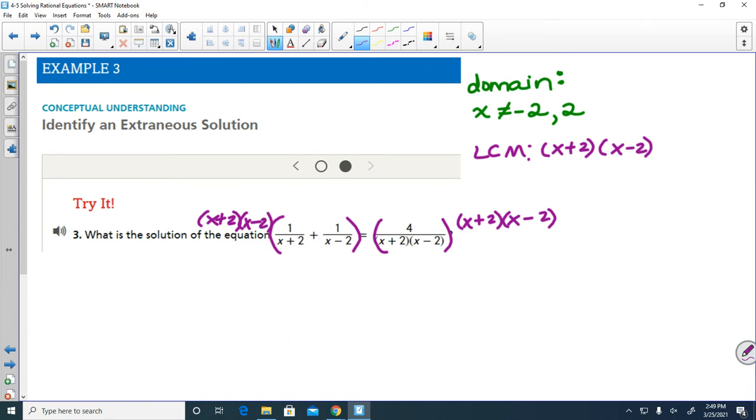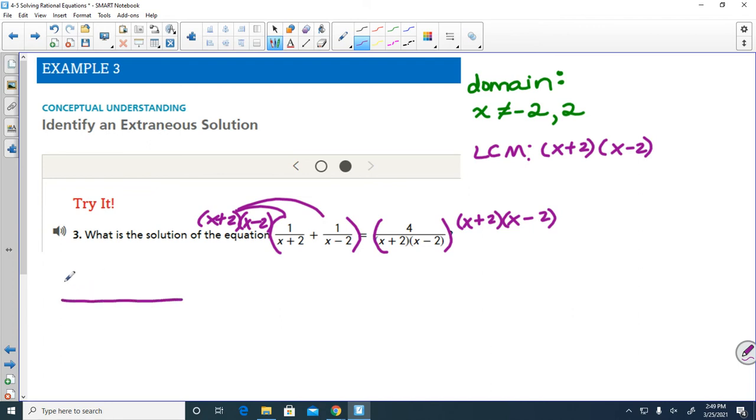All right, so I am going to write all of this out this first time, and then we'll see how we can make our process a little shorter. On the left side, the x plus 2, x minus 2 actually needs to distribute to both parts because there's a sum inside of that parentheses.